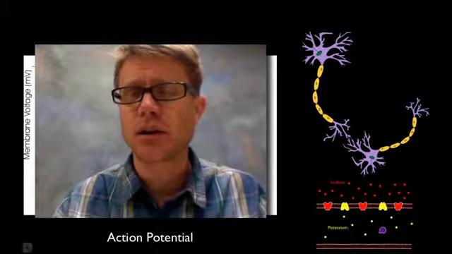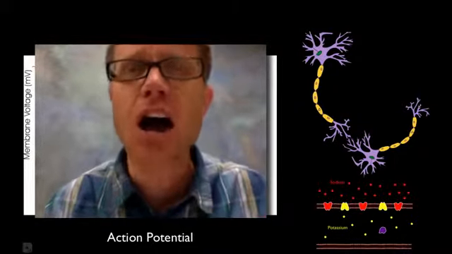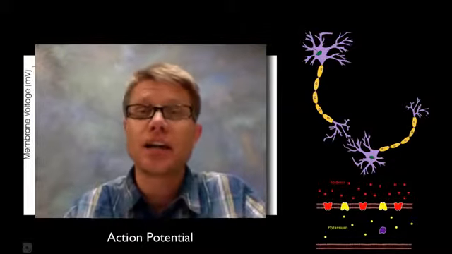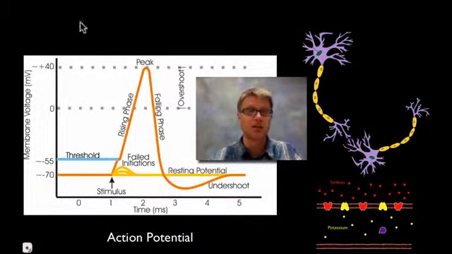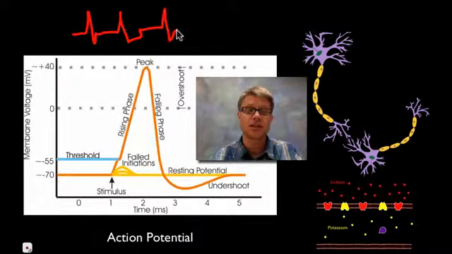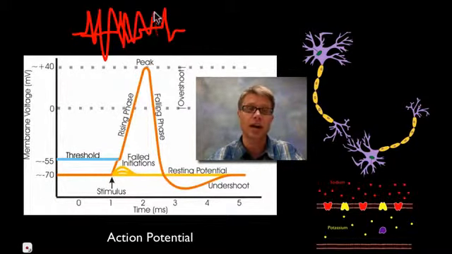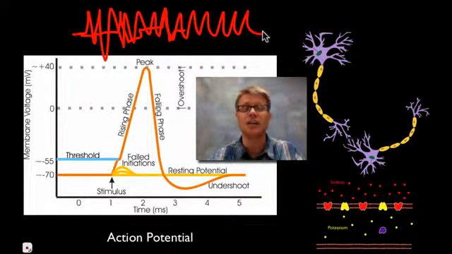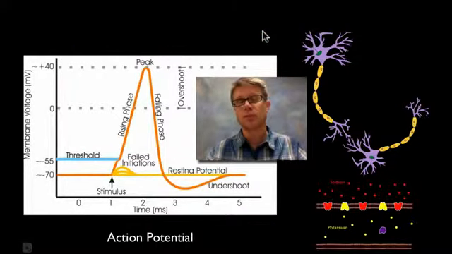But if I were to make a slightly louder noise, whoa, like that, then that's going to be way more action potentials. They're always the same size, but more action potentials in a given period of time.